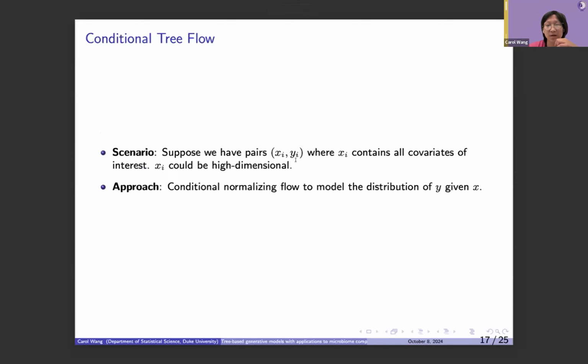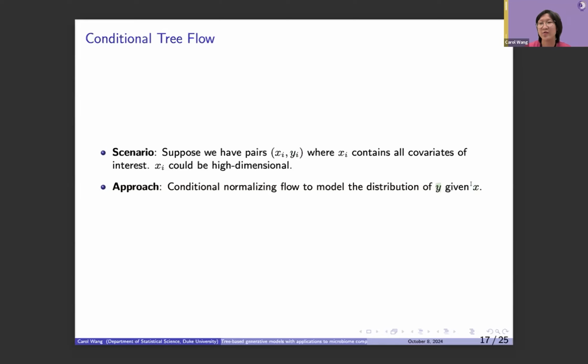So the formulation is like this. We have pairs of data. As mentioned before, it would be covariates and composition. And we just aim to use conditional normalizing flow based on trees to model the distribution of the microbiome composition given the covariates.